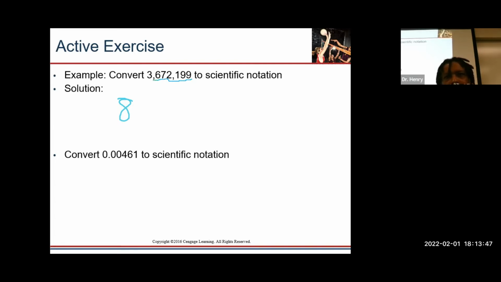So then that's moving it to the left. Is that correct? So then our decimal would be 3.67219 times 10 to the 6. So it has a positive value, right?